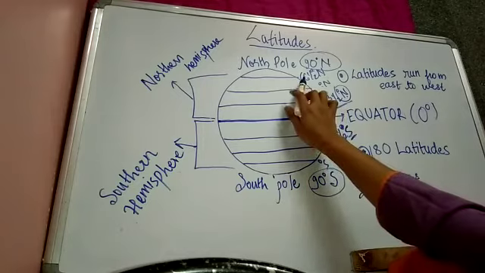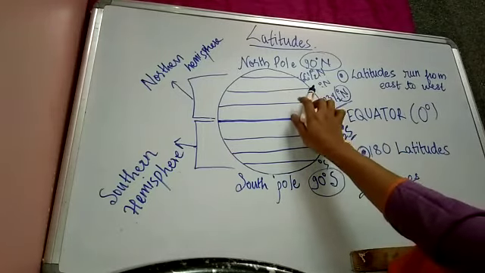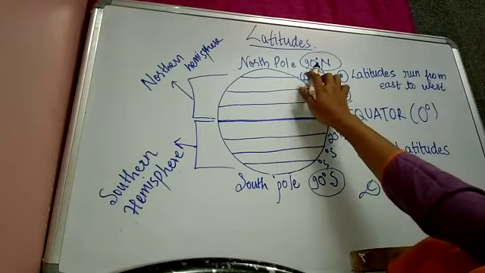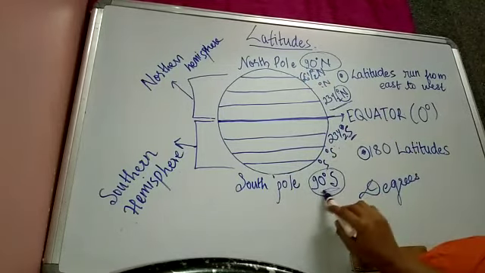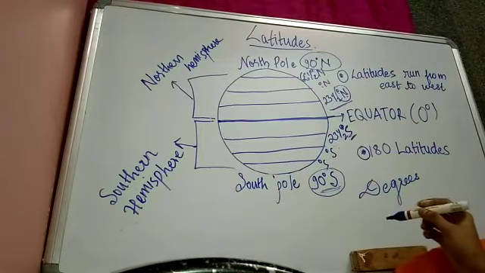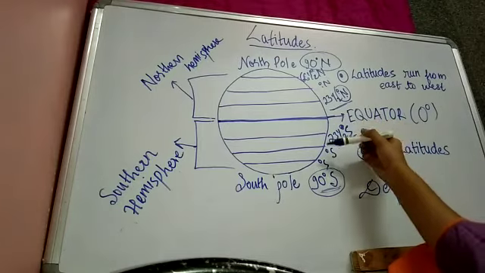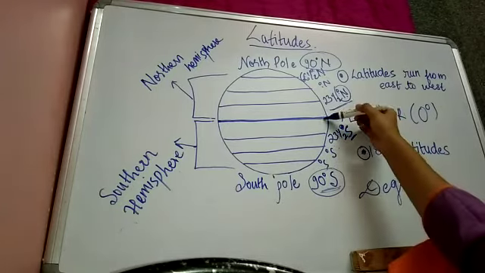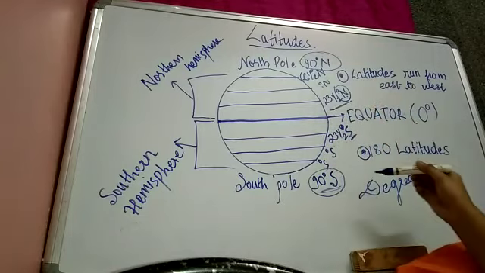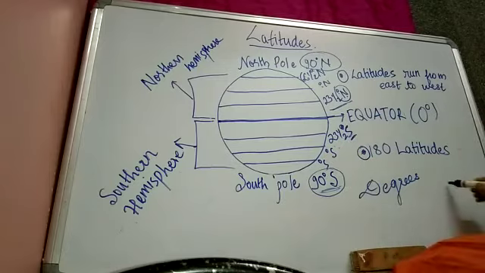The degrees of latitude, like 23, 30, 40, end at 90 degree north, and below the equator they end at 90 degree south. There are 90 latitudes below the equator and 90 latitudes above the equator. How many in total?